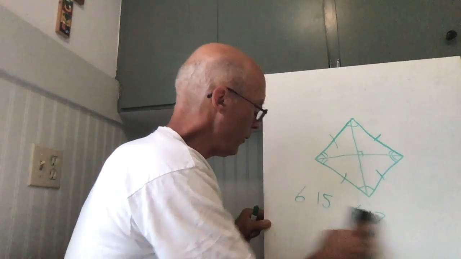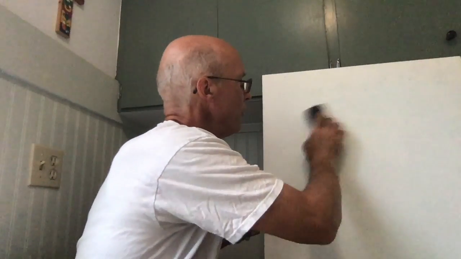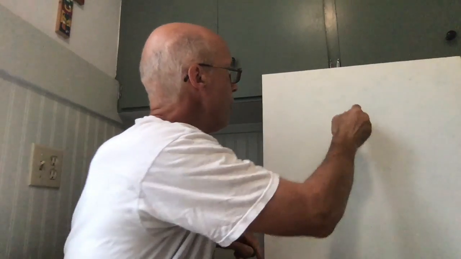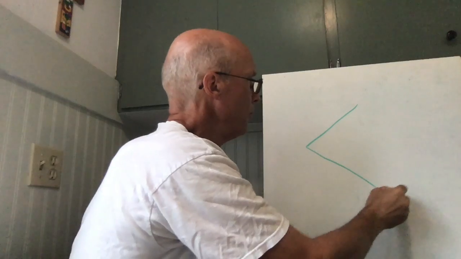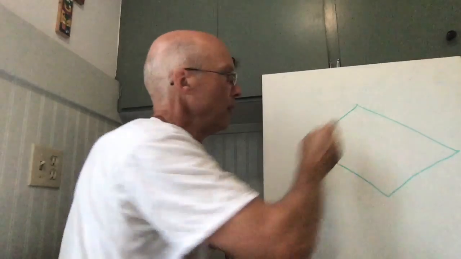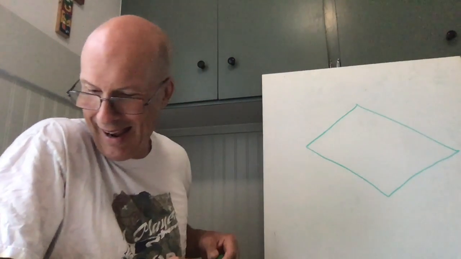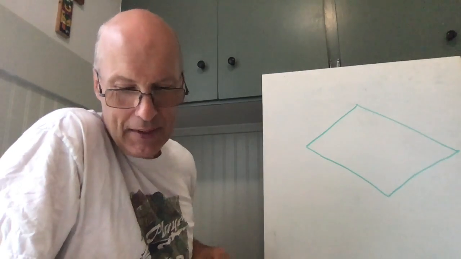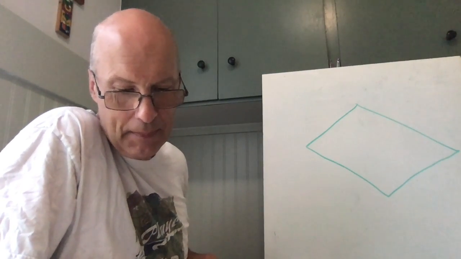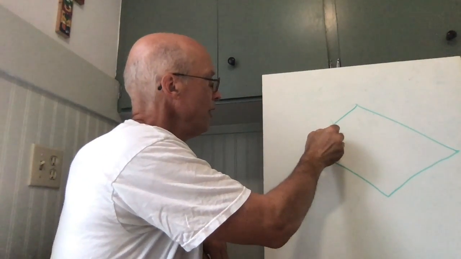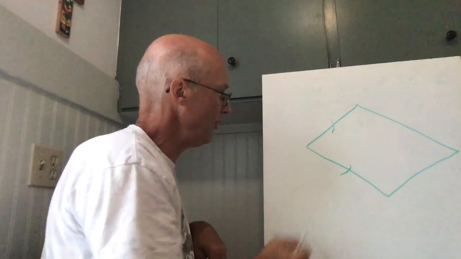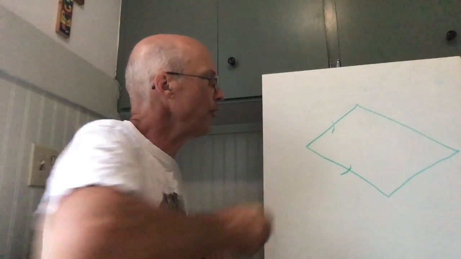All right, 6-19 is something a little different. So let me erase this and make this a little less messy. I know that I'm going to draw a perfect one this time. 6-19 says that if this is the same as this, then you know this is a rhombus.